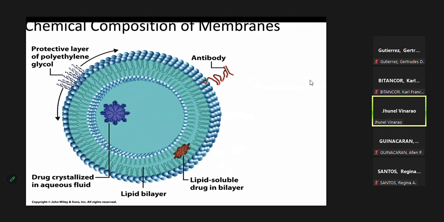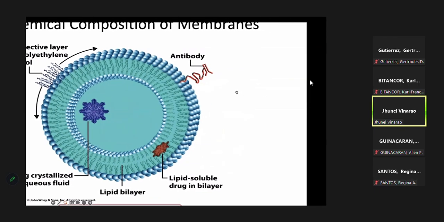So one way to do it is to couple it with an antibody, kasi the antibody is very specific to the antigens or to whatever receptors are found in the target organ.